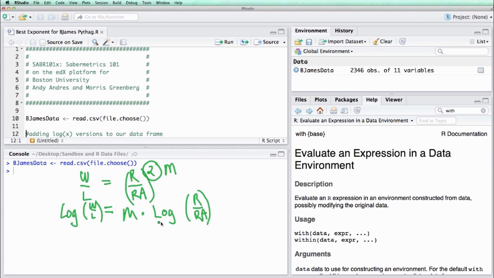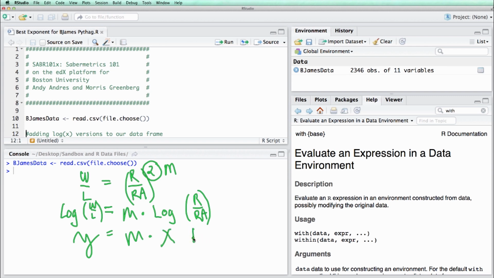So what we're going to do now is treat this variable as y. Y now is the log of the wins ratio. And we'll have m here, and the log of the runs ratio we'll treat as x.